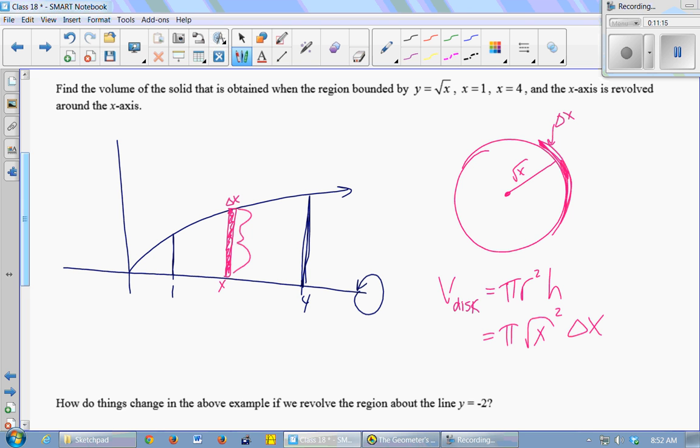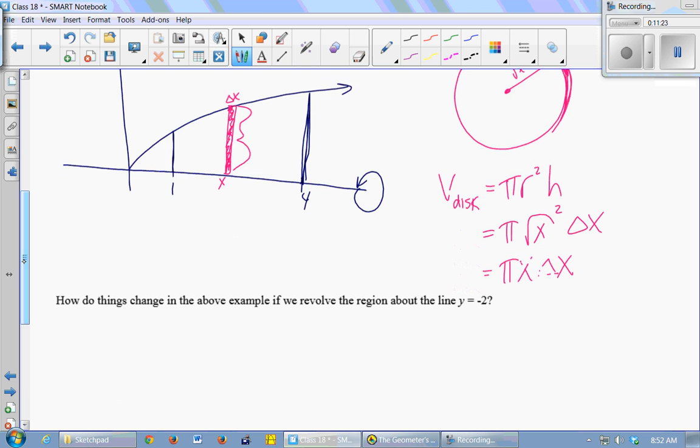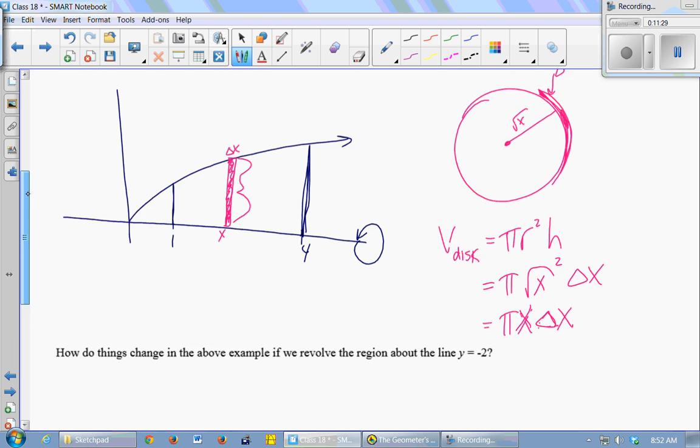So this becomes pi x delta x. So then I have the volume of one little cross section, right? One small slice of the solid that's going to result from when I rotate this whole region around the x-axis.